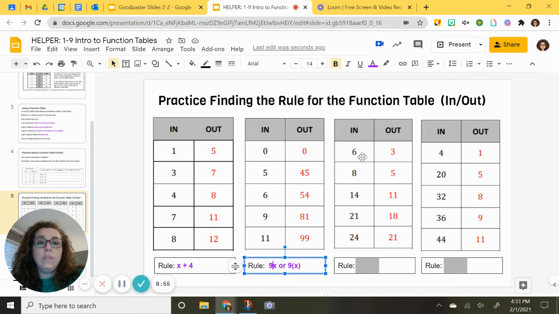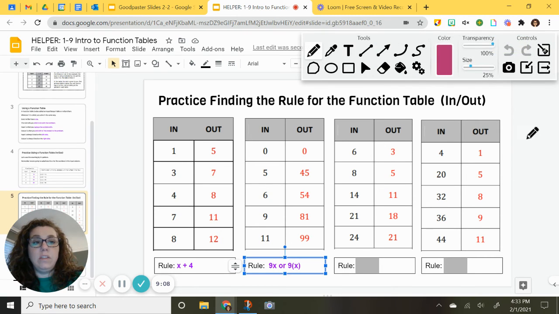Okay, now I'm looking here and I'm starting with a bigger number and I'm getting smaller. That tells me it's either going to be a subtraction or a division. So I'm going from big to small. It's either going to be subtraction or, oh, that is a very ugly division sign. So let's see. 6 minus 3 equals 3.